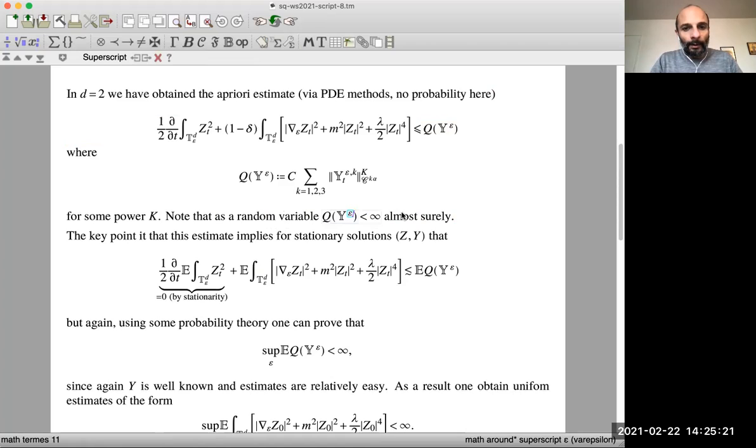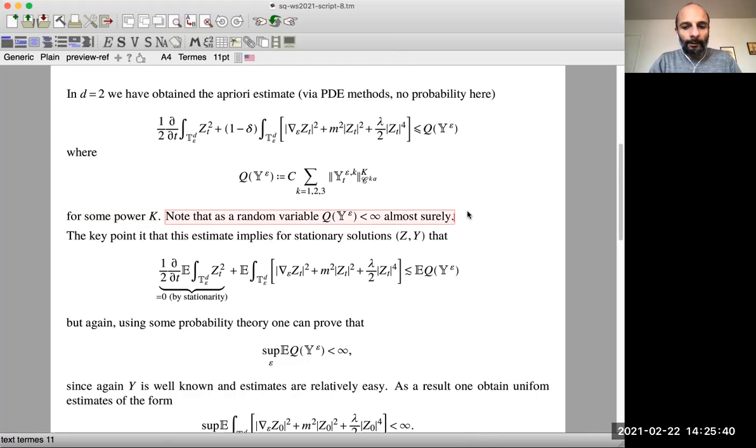But somehow it's not the point at this level. So this is finite because you just take trajectories which are actually very smooth, and this is a number, okay? So I don't think it's useful to remark on it here. It's finite surely, because y is a continuous function.